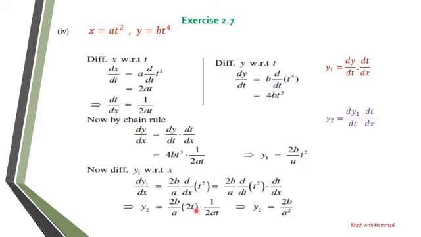This 2 cancels with this 2 and t cancels with t. a into a is a square and the numerator contains 2b. So the final answer is y2 is equal to 2b over a square. These are the questions for the higher order derivative.